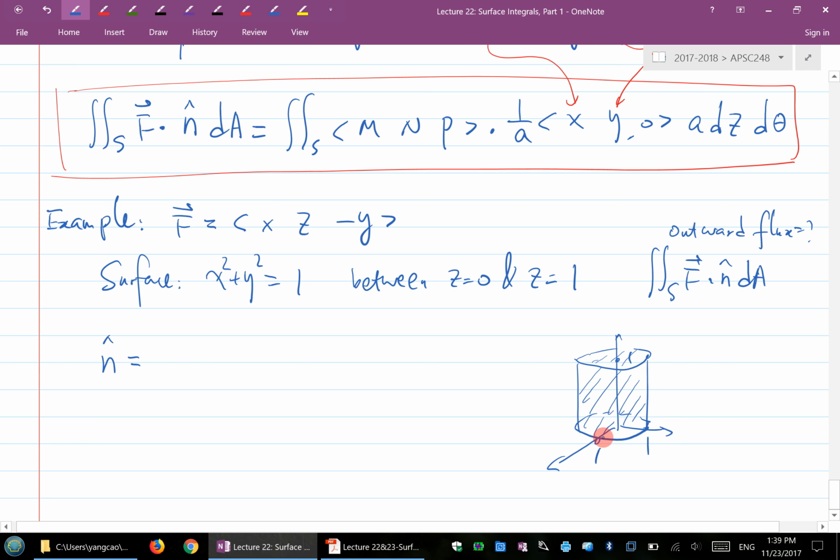Now, if that's the surface, and you're required to calculate outward flux, what would you do? Not zero. First of all, let's just think of what you would do. How many pieces of surface are there for the one that I just mentioned? 3, right?